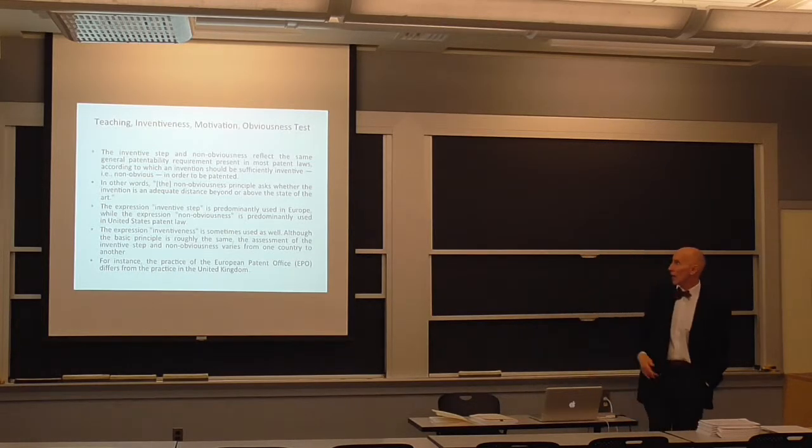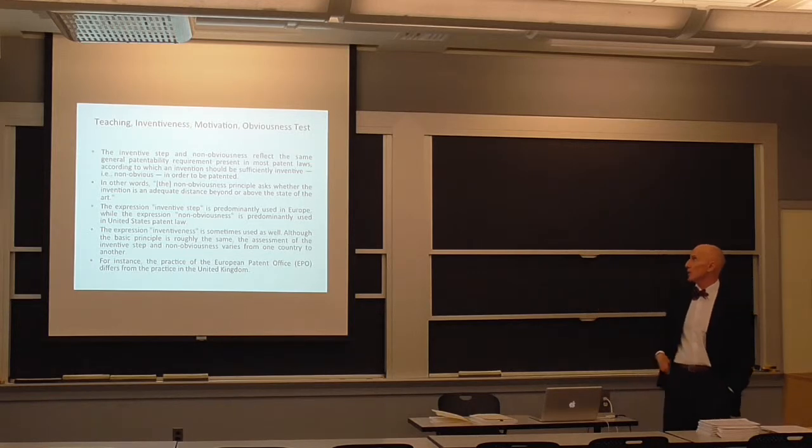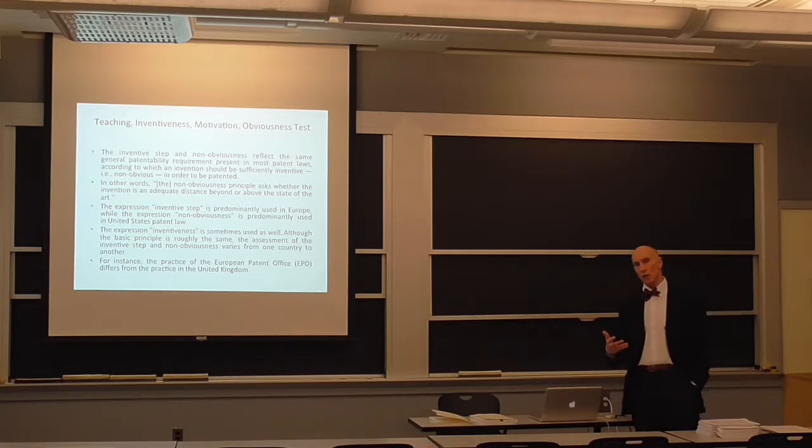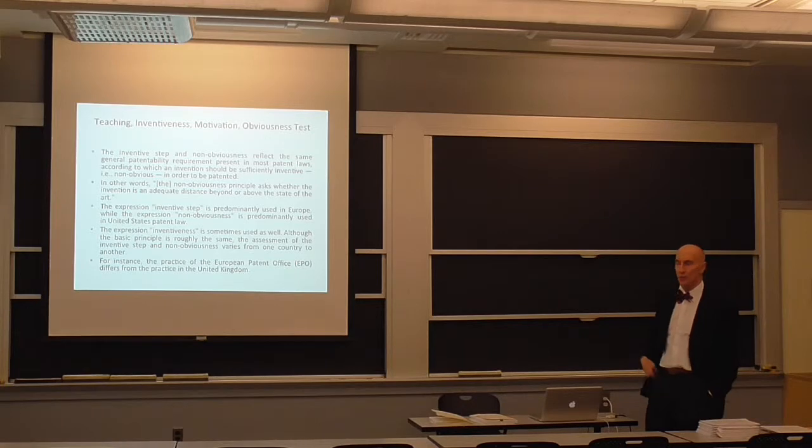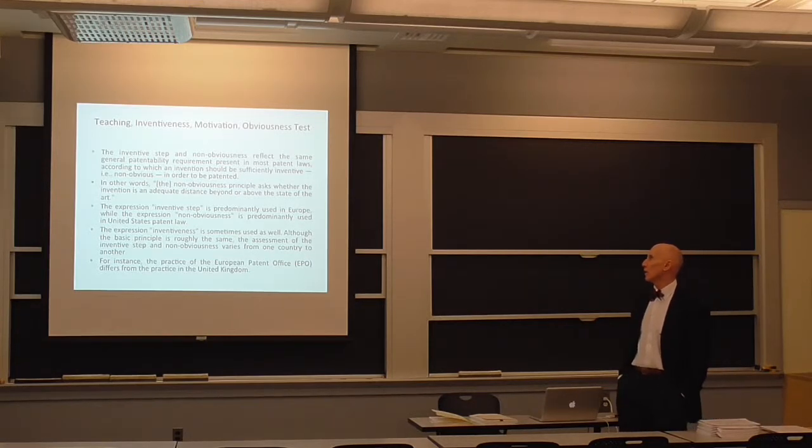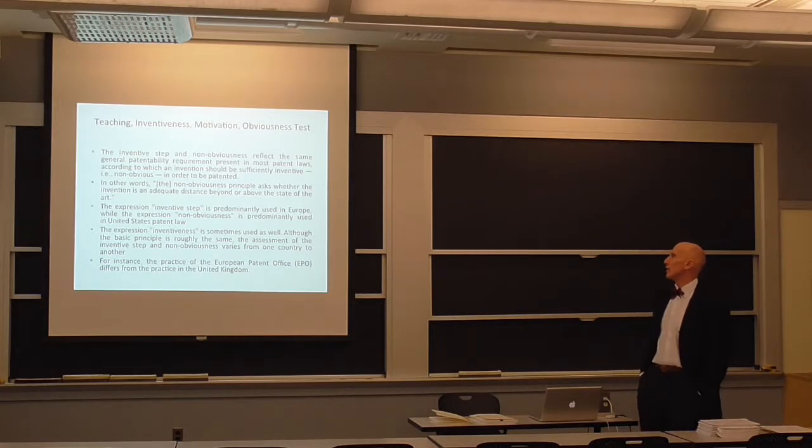Anyhow, I wanted to talk about this teaching, inventiveness, motivation, and obviousness test, because it bears on what you're going to need to do when you prove non-obviousness of your invention to the U.S. Patent and Trademark Office. The inventive step and non-obviousness test reflect the same general patentability requirement present in most patent laws, according to which an invention should be sufficiently inventive, i.e. non-obvious, in order to be patentable.